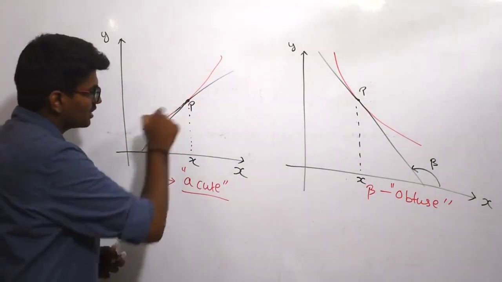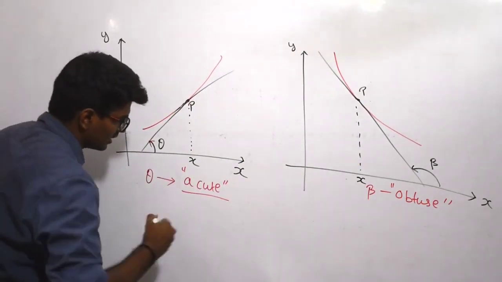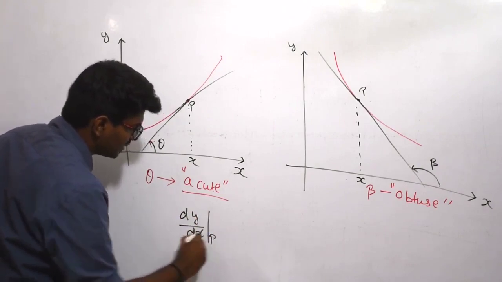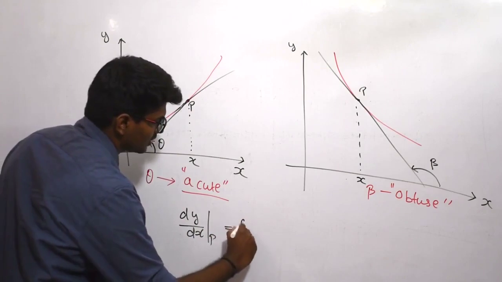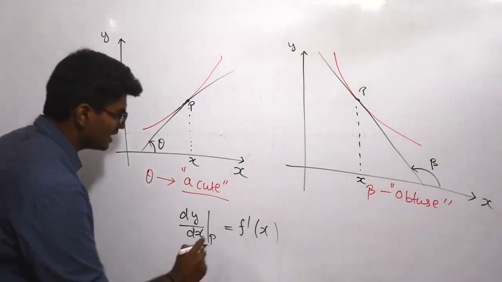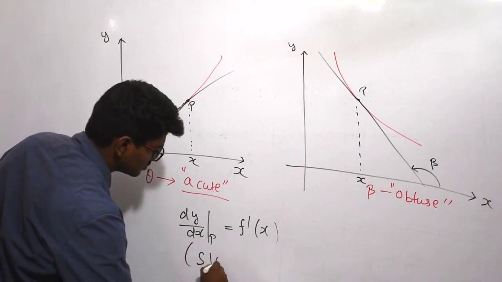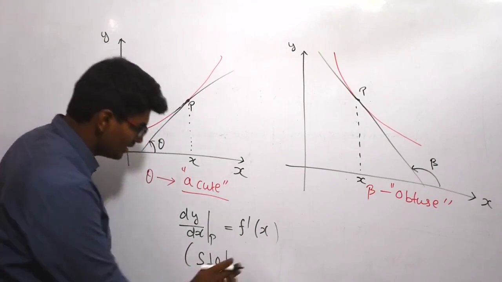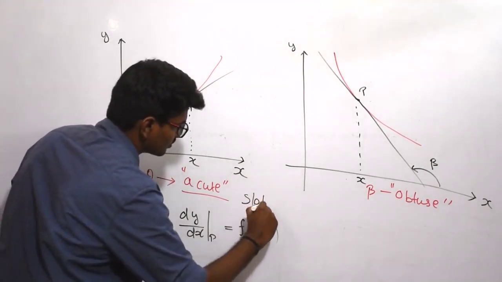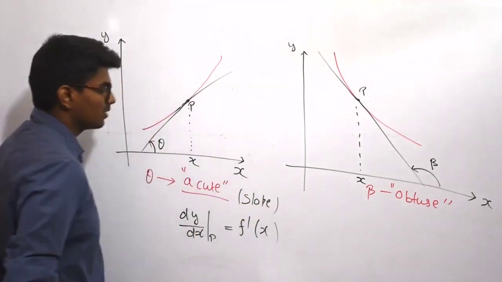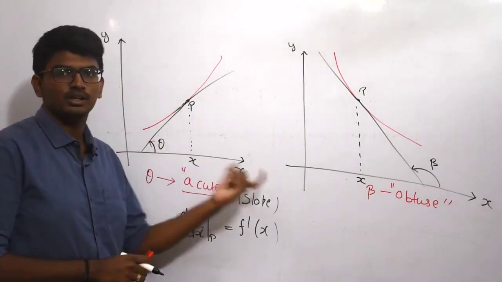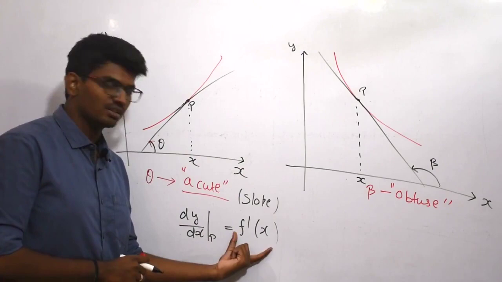So the differentiation at this point, which is nothing but dy by dx at point P, or in other words I could directly write f dash of x, right? f dash of x will be nothing but my slope of the curve. Slope of the curve is nothing but differentiation with respect to x, differentiation with respect to the horizontal axis. So which is f dash of x.